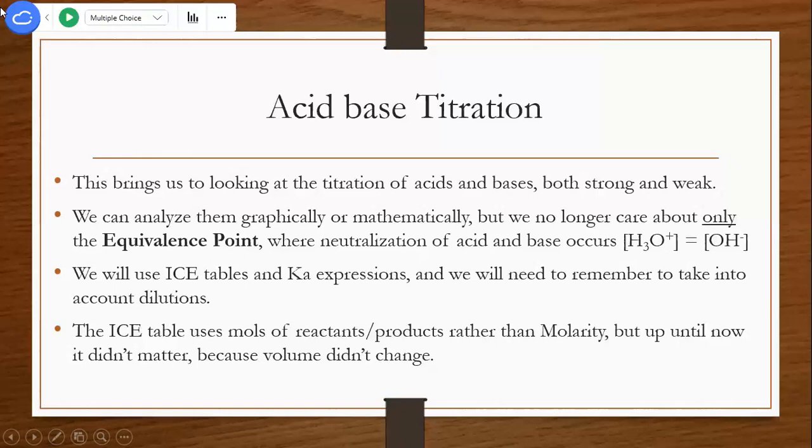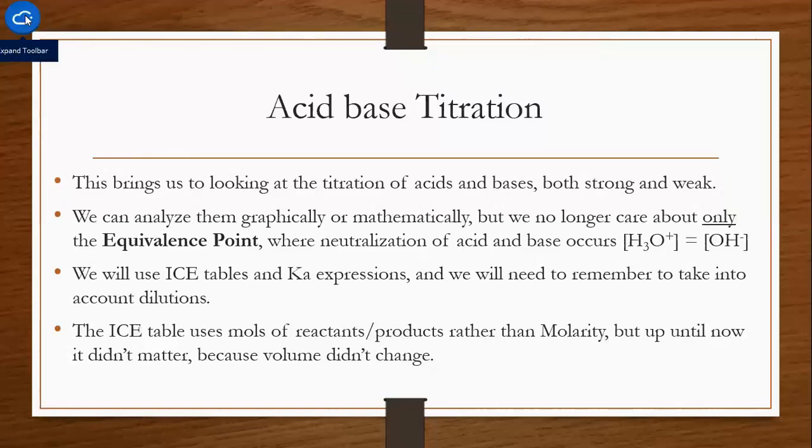First, you calculate the moles of each thing. Second, you use an ICE table to subtract them out. Third, if it's a weak acid, you do the weak acid expression. Fourth, you have to redilute them. Fifth, you calculate pH.